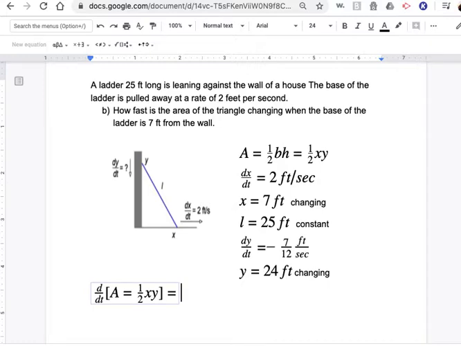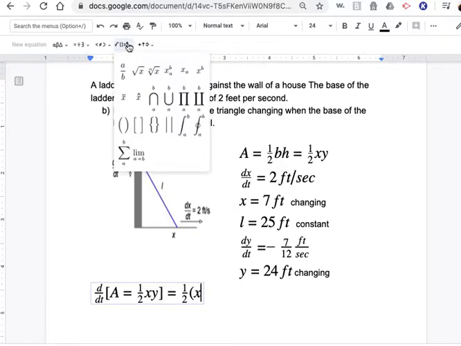So, our derivative, dA/dt equals 1/2. Go through your product rule. The product rule says first variable, first multiplier, times the derivative of the second.